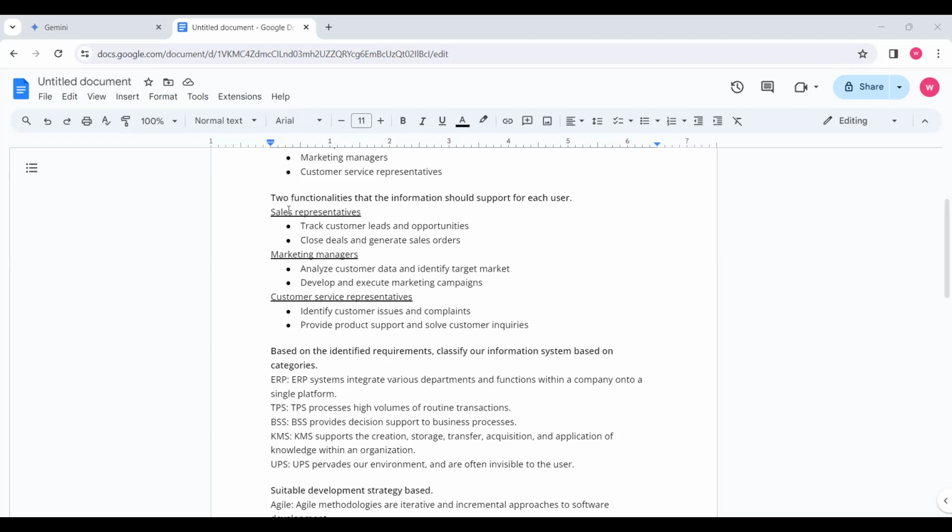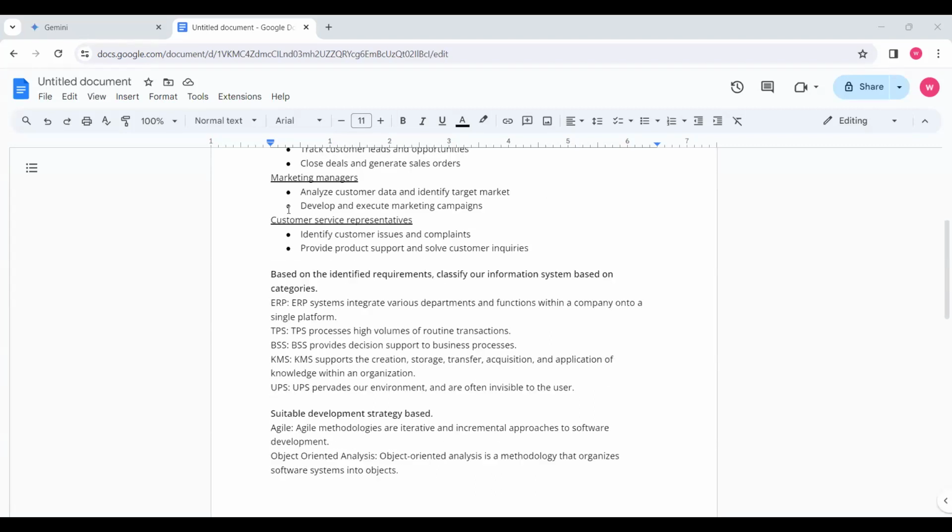So I understand that you need to think and you can fine tune the answer. What is the development strategy? We used Agile. Agile methodologies are an iterative and incremental approach to software development and object-oriented analysis.